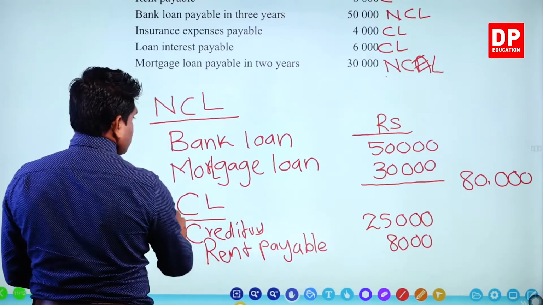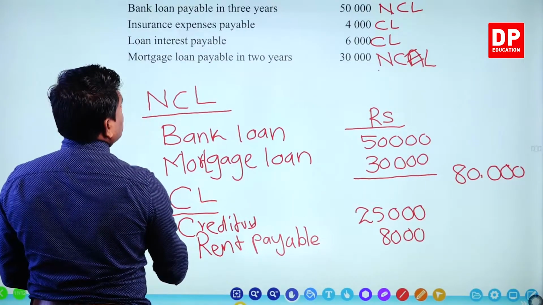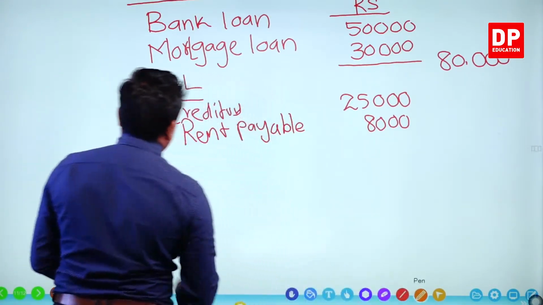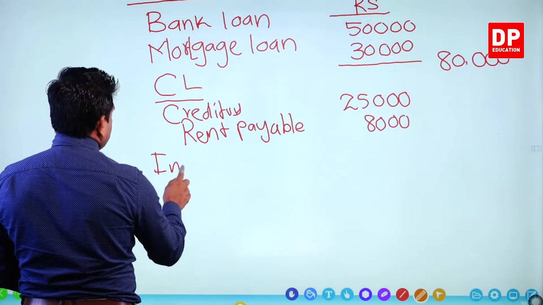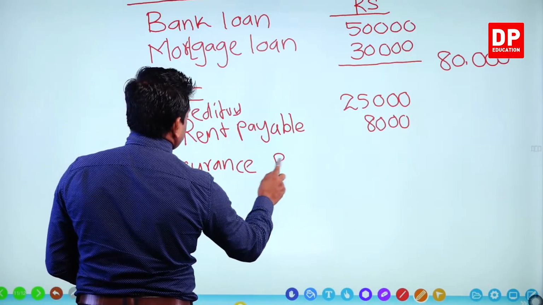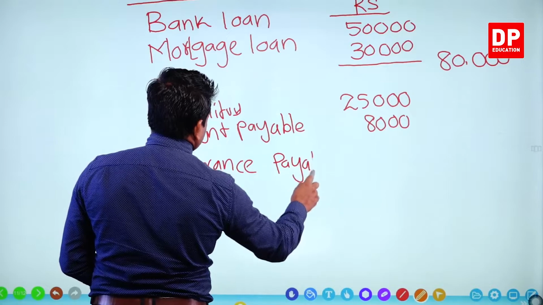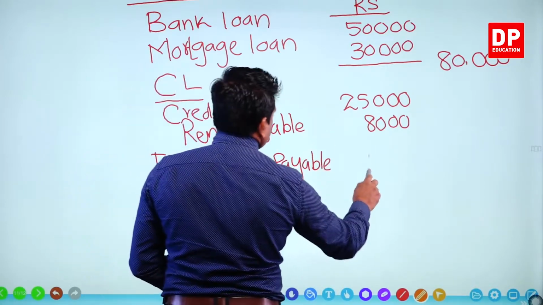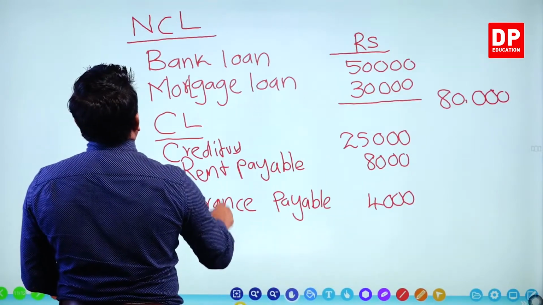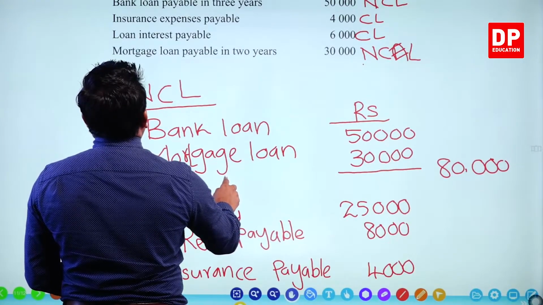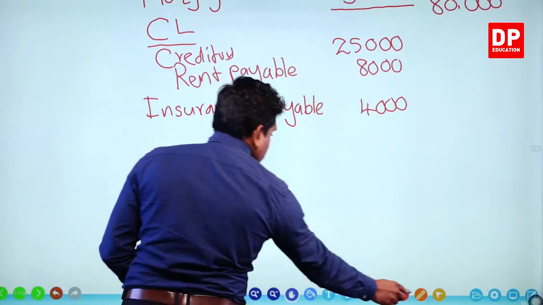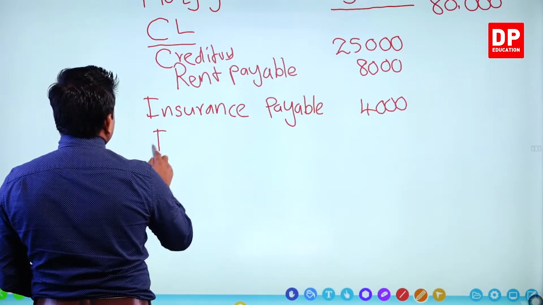Insurance payable, 4,000. Next one. Loan interest payable, 6,000.